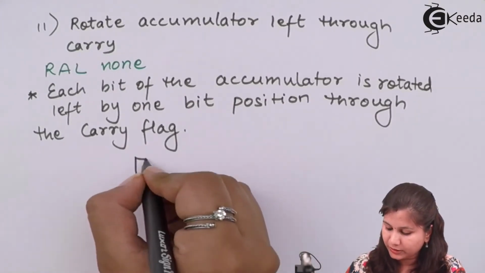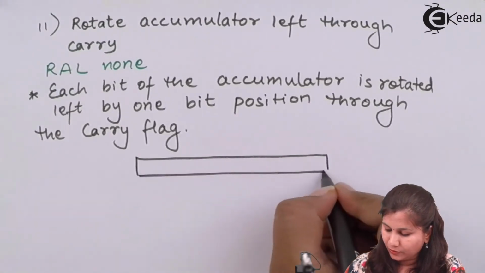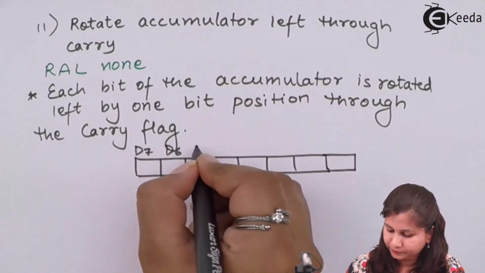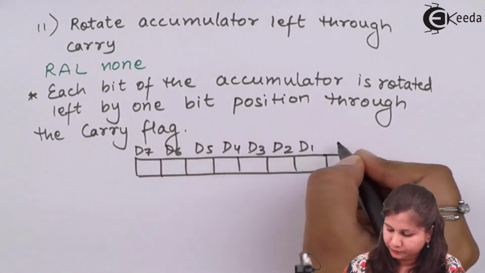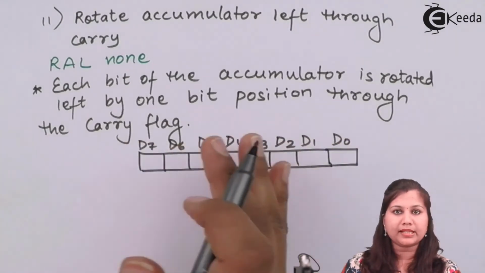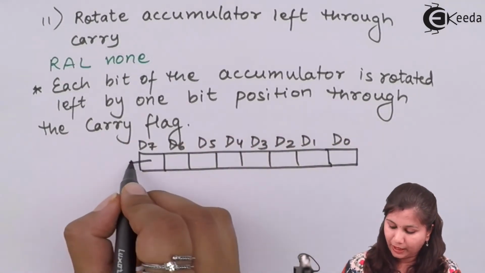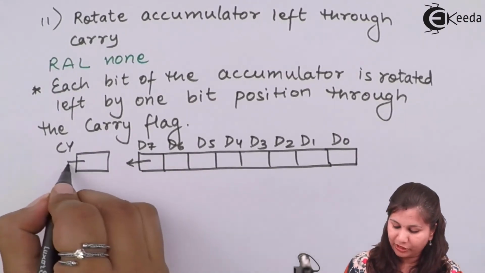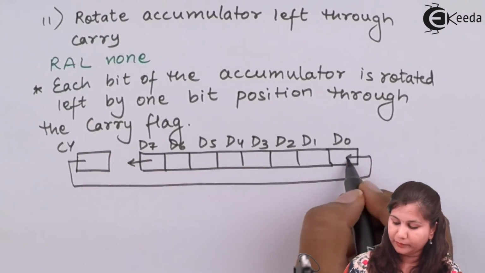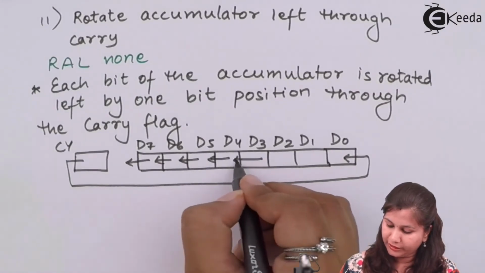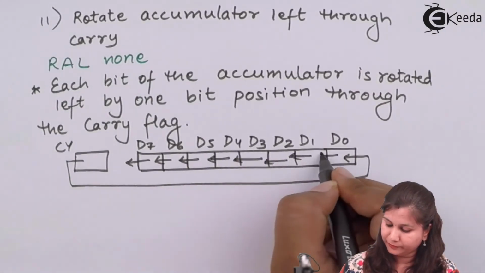Let's see how this operation is performed. Now all the bits have to be shifted to the left hand side by 1 bit position. So the bits are shifted to the left hand side, but now the D7 bit will be shifted to the carry flag, and the carry flag will become the D0 bit.